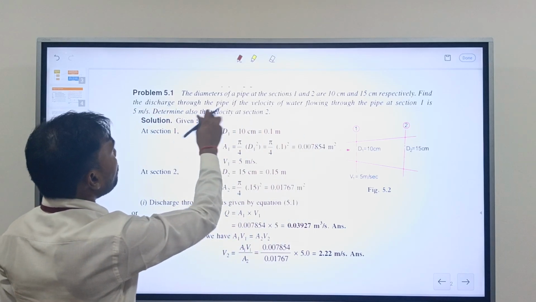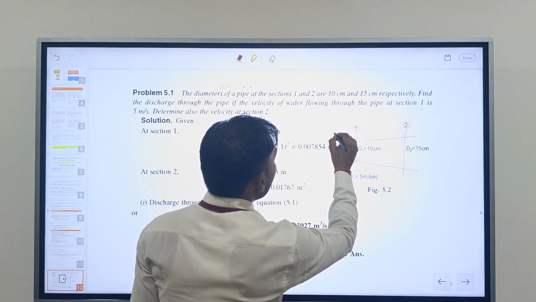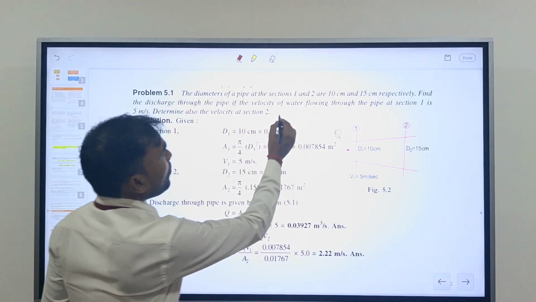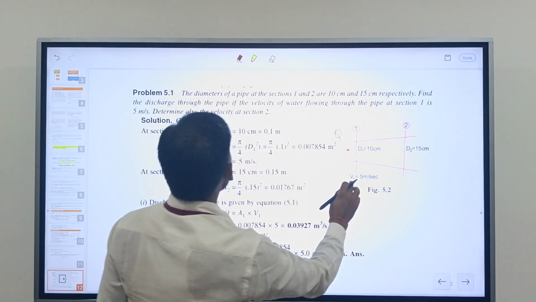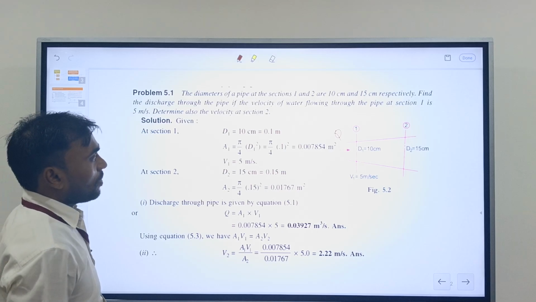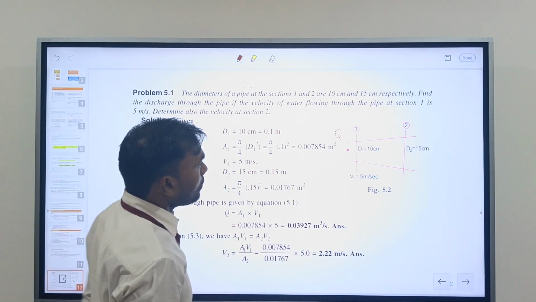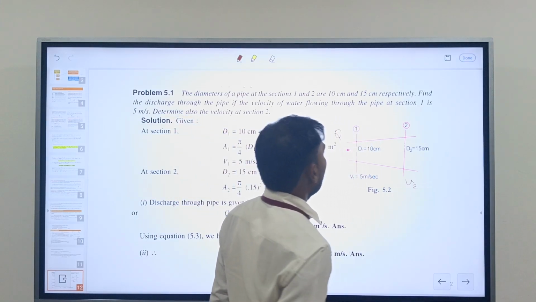Find the discharge through the pipe. Means you have to calculate the value of discharge, that is the capital Q, through the pipe. If the velocity of water flowing through the pipe at section 1 is given as 5 meter per second, V1 is given here. Determine also the velocity at section 2. Means we have to calculate here V2.